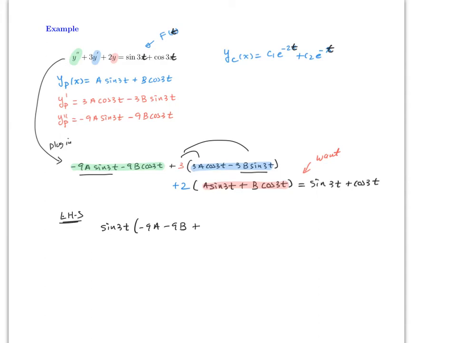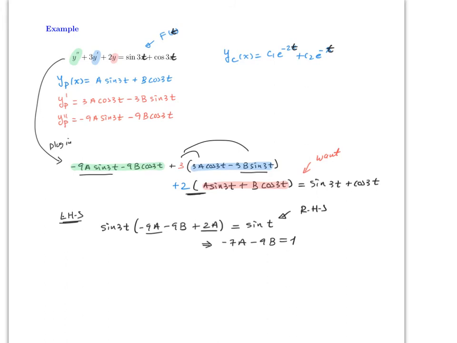And then from this part, you're going to get 2a. Okay? And this has to equal just sine t. So therefore, this means the minus 7a, you combine this and this, minus 9b has to equal 1. So this is on the right hand side.